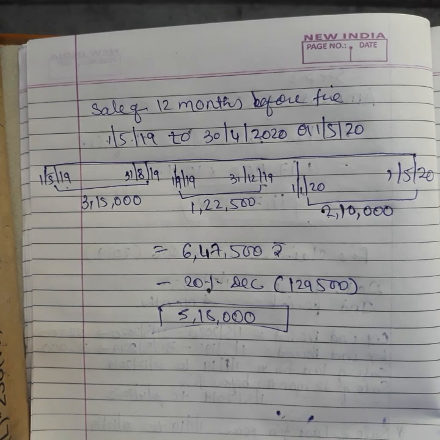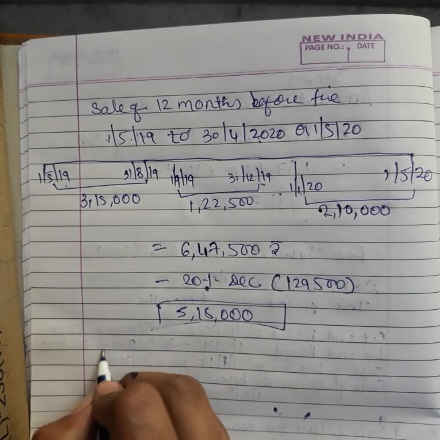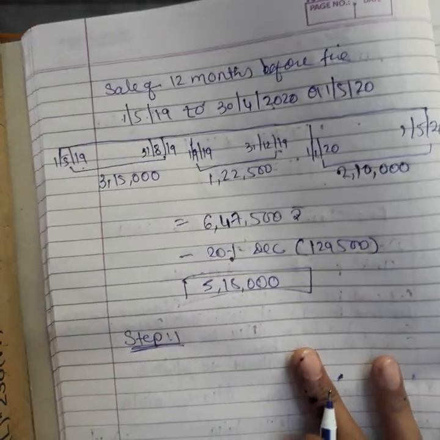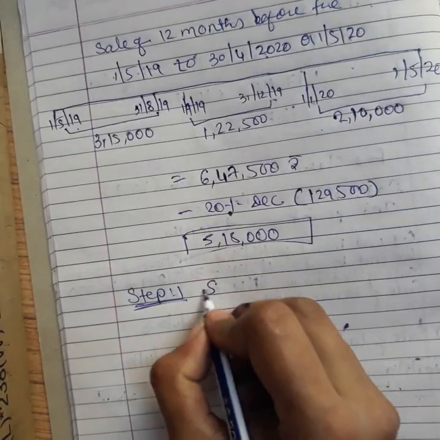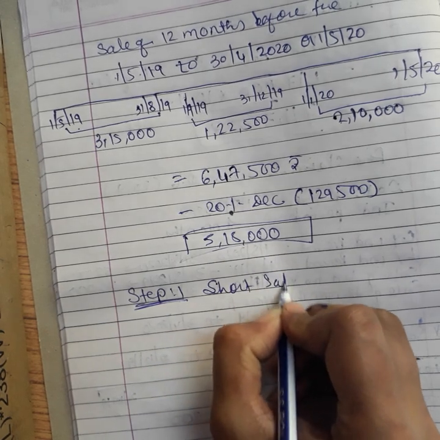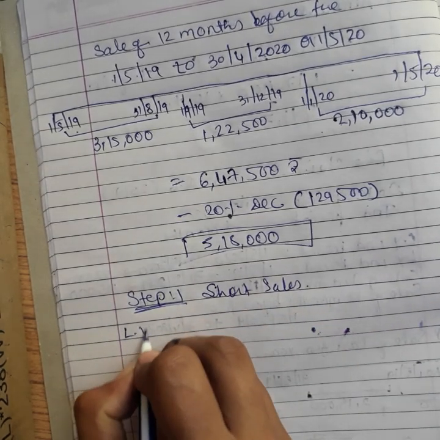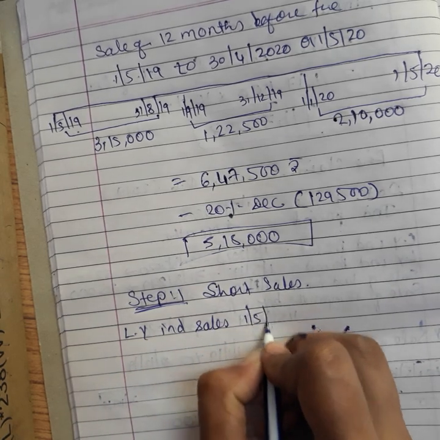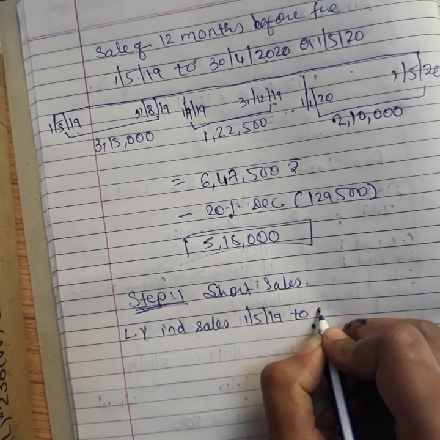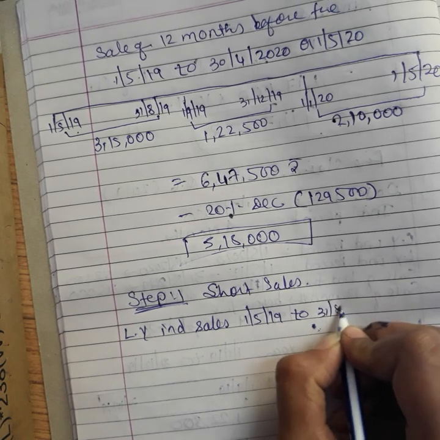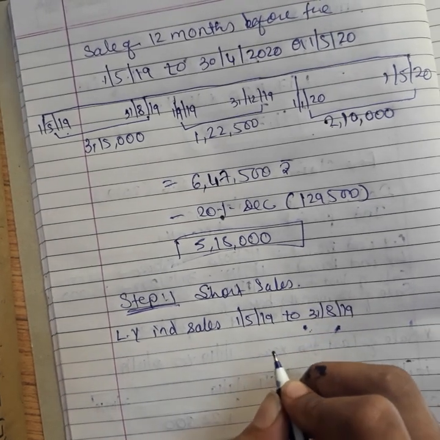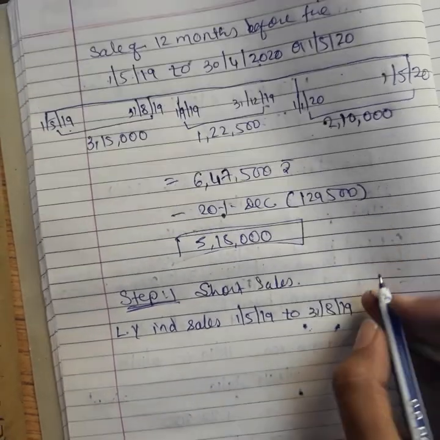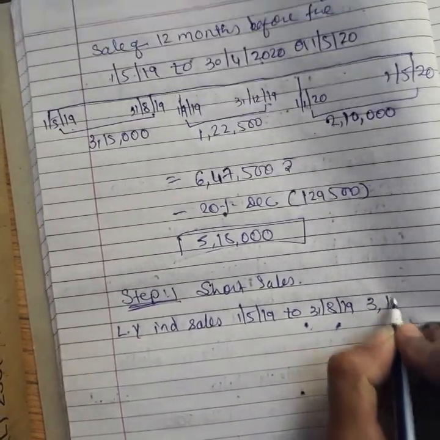Next, step 1, that is short sales. So last year indemnity sales 1/5/19 to 31st/8/19, which is already given, 3,15,000.